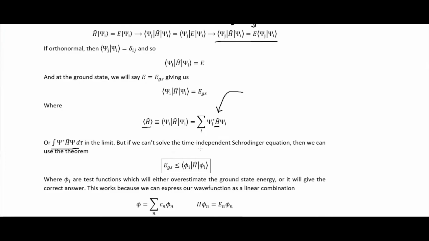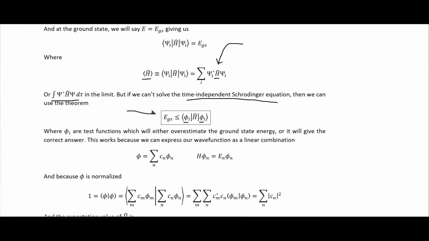But if we can't solve the time-dependent Schrodinger equation, then we can use this theorem right here, where E_GS is the energy of the ground state. These two phi's here are test functions. This theorem says that the energy of the ground state will be lower than or equal to the expectation value of the Hamiltonian acting on these test functions.